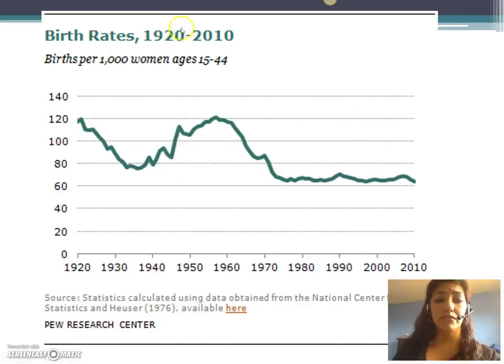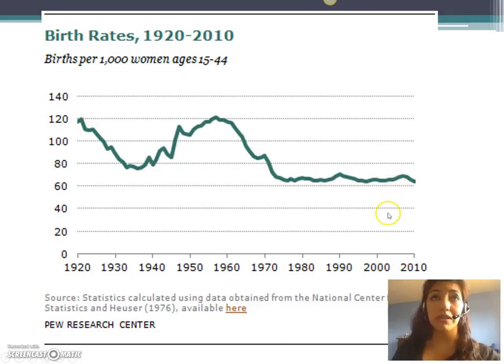So you can get a comparison from the 1920s to 2010, which is our last census. Births per 1,000 women aged 15 to 44. As you can see, it went down, obviously from the Great Depression, then it goes up. Then we had an economic collapse in the 70s, and it didn't quite recuperate from that, and it goes up a little bit, and then it goes down.